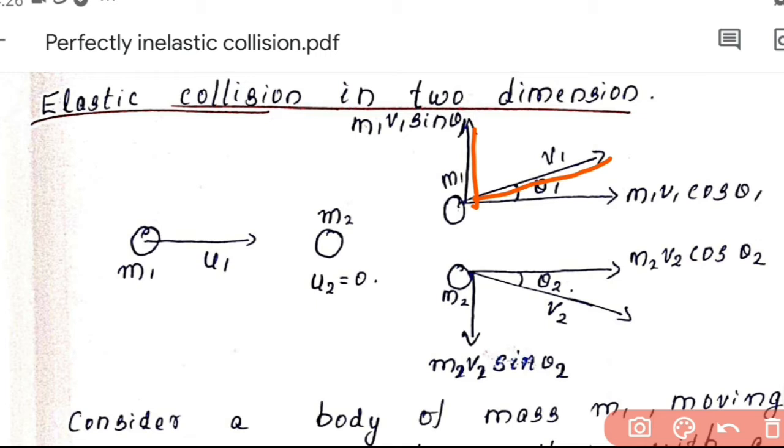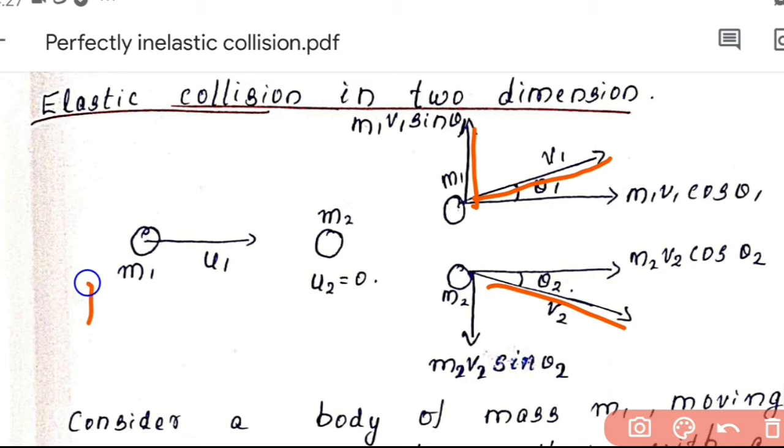Likewise, m2 v2 is resolved into m2 v2 cos theta 2 and m2 v2 sin theta 2. You can see that the two components m1 v1 cos theta 1 and m2 v2 cos theta 2 are in the same direction, and m1 v1 sin theta 1 and m2 v2 sin theta 2 are in opposite directions.